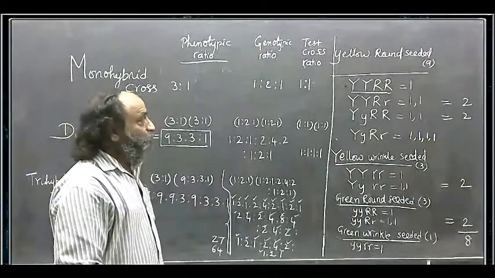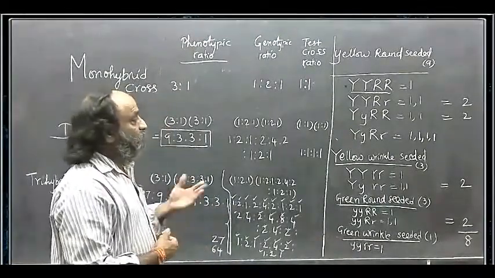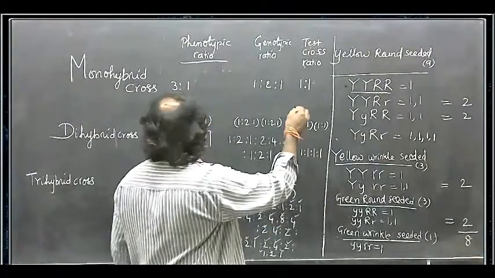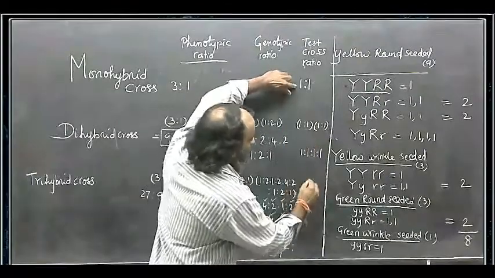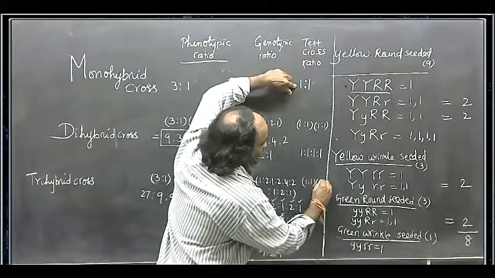Similarly, if you want to work out the trihybrid test cross ratio, you can multiply 1:1 with 1:1:1.